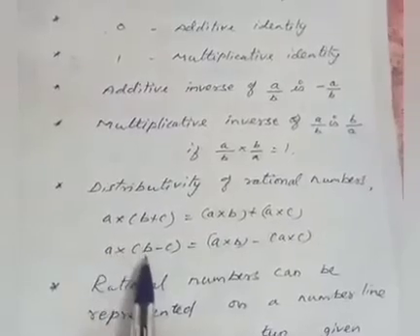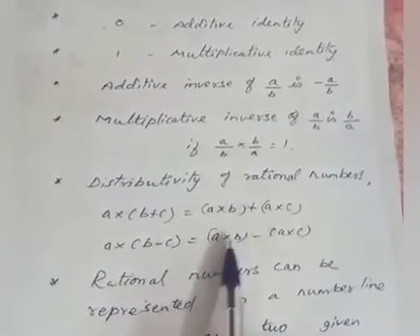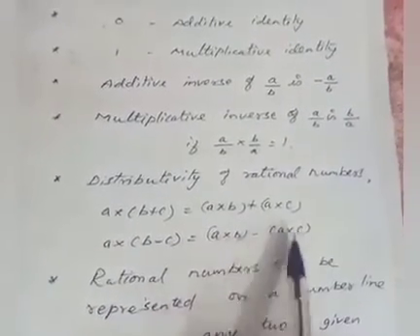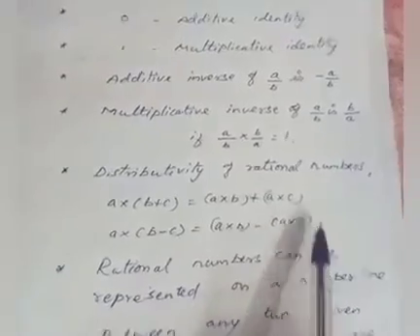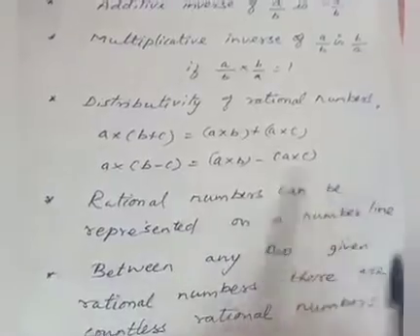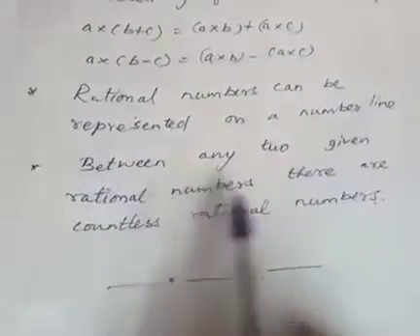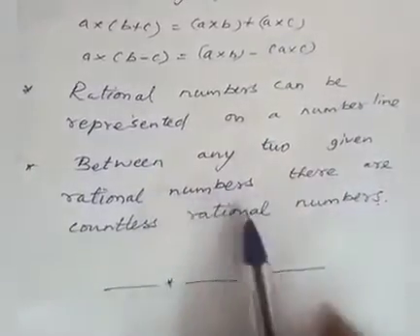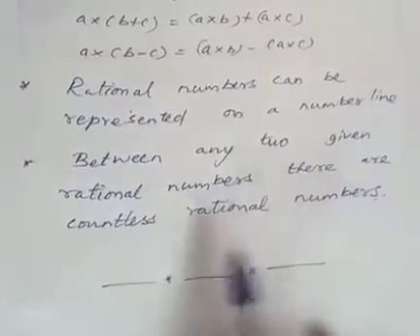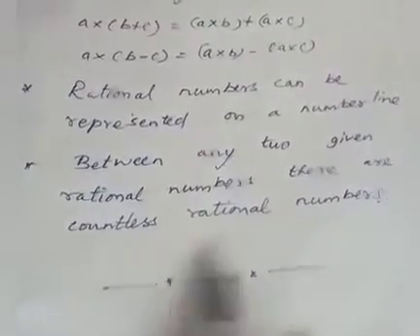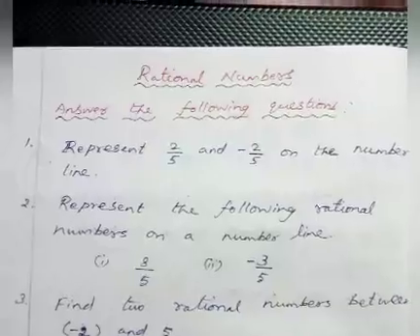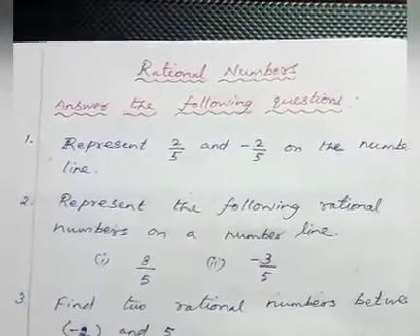A into b minus c is equal to a into b minus a into c. Then rational numbers can be represented on a number line. Between any two given rational numbers, there are countless rational numbers. That's all. Thank you. I give 5 questions. Do it yourself.